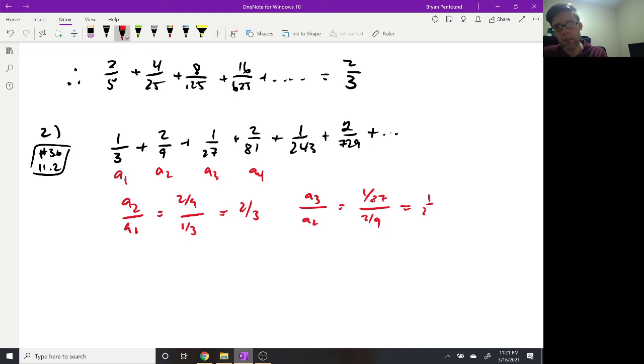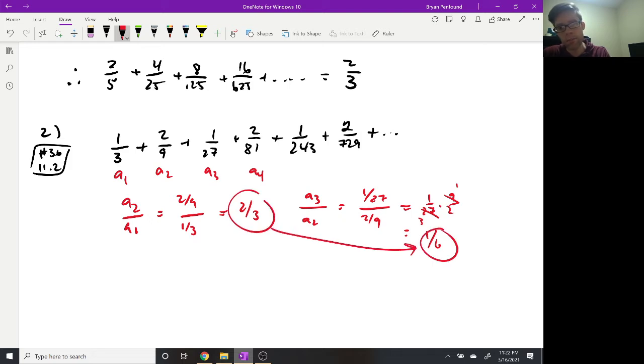We're going to get 1/27 times 9/2, which is 1/6, I believe. So these are not common, right?